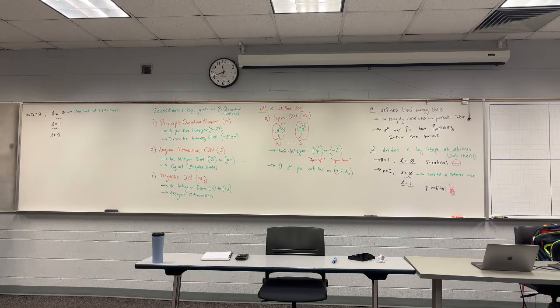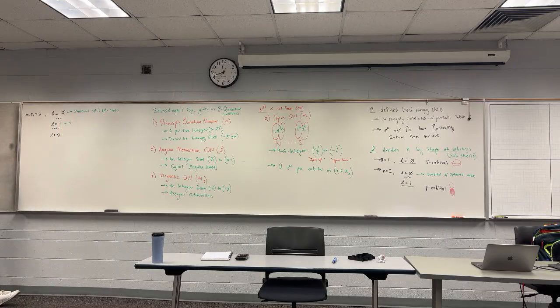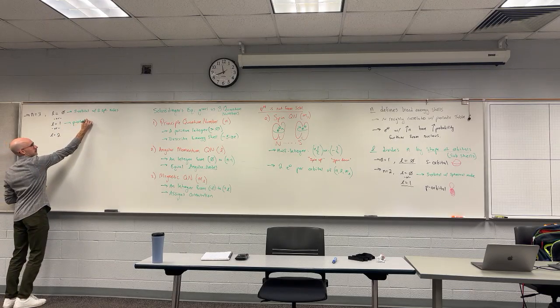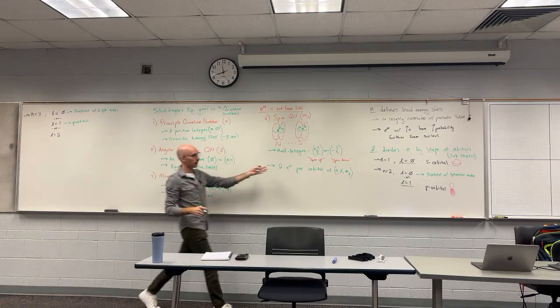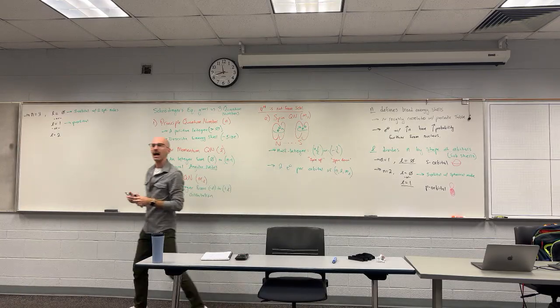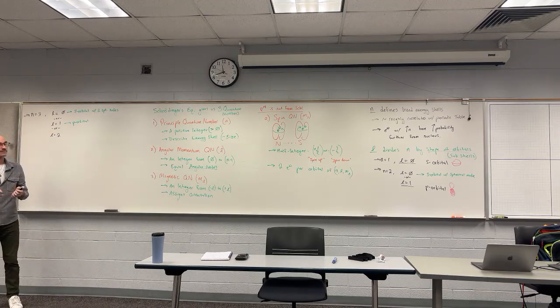What about L equals 1 at this level? What type of orbital is it? This is a p orbital because it's L equals 1. That's the definition of p orbitals. How many nodes does this p orbital have? I'll give you a hint.